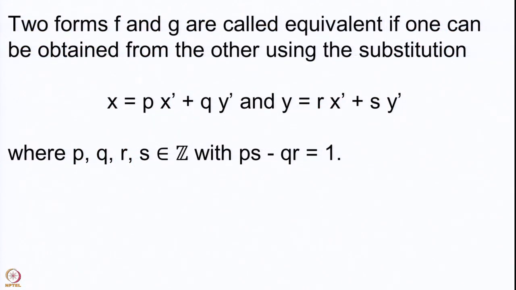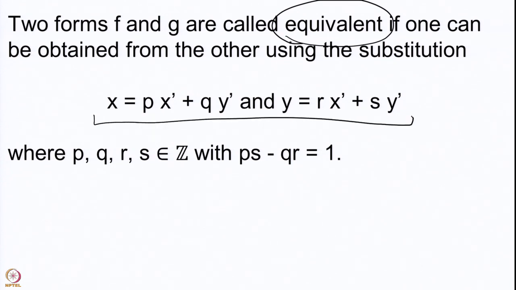So, this is a relation that we would like to define between the integral binary quadratic forms, and we have already defined this relation towards the end of our last lecture. Let me quickly recall that for you. We say that two forms, of course we mean the binary integral quadratic forms, are called equivalent if you can obtain one of them from the other using this substitution.